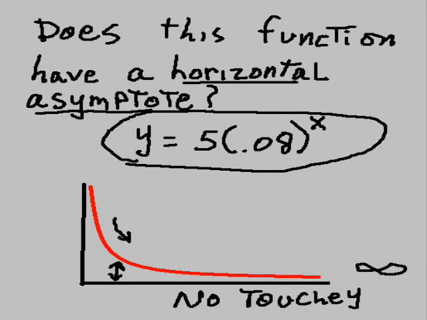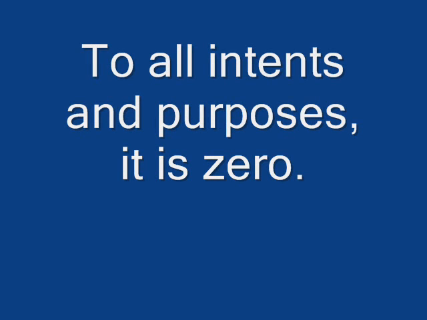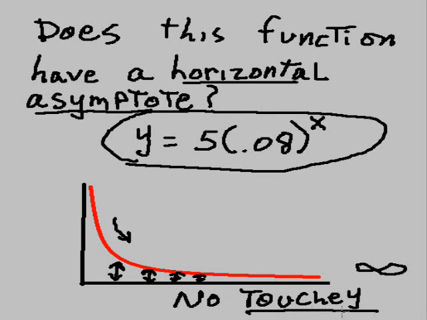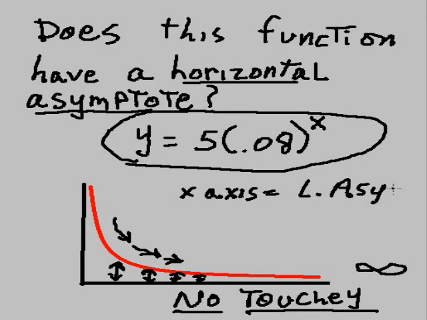Well, eventually it becomes smaller than any distance that you can point to, that you can describe. It becomes so small, you can't specify the distance anymore. But no touchy. So the x-axis is a linear asymptote.